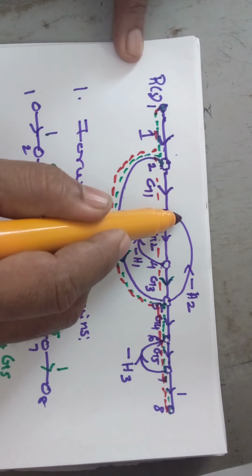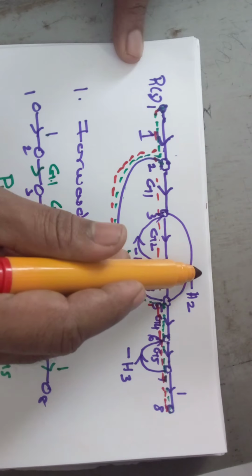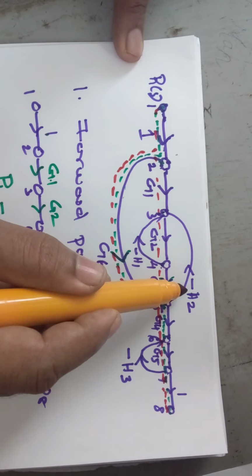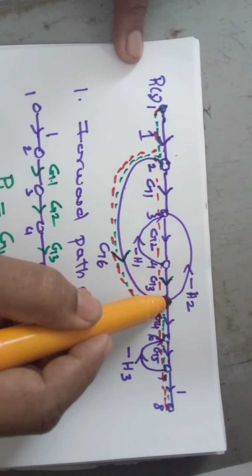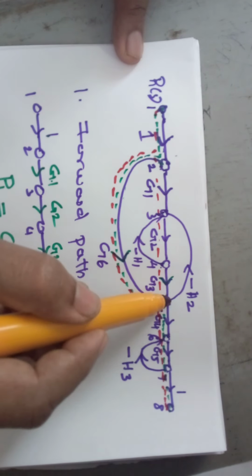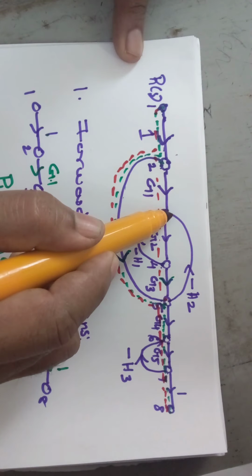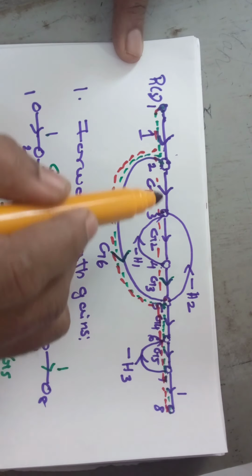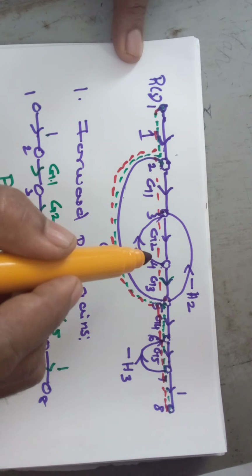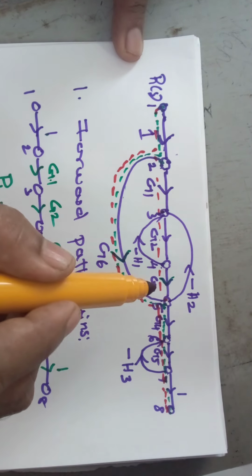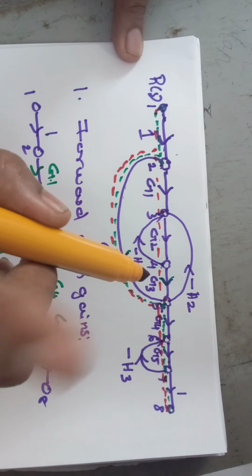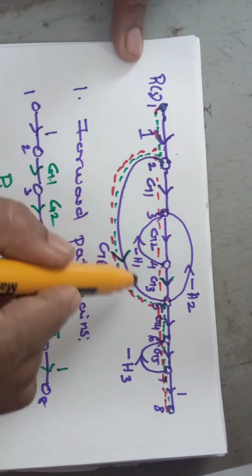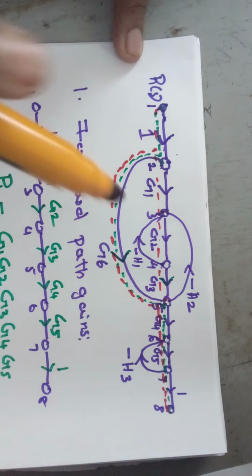It also cannot travel in this direction, because this is also a reverse path. So this is not a forward path. Forward path means a path which does not touch a node more than once. Therefore this diagram has only 2 forward paths.